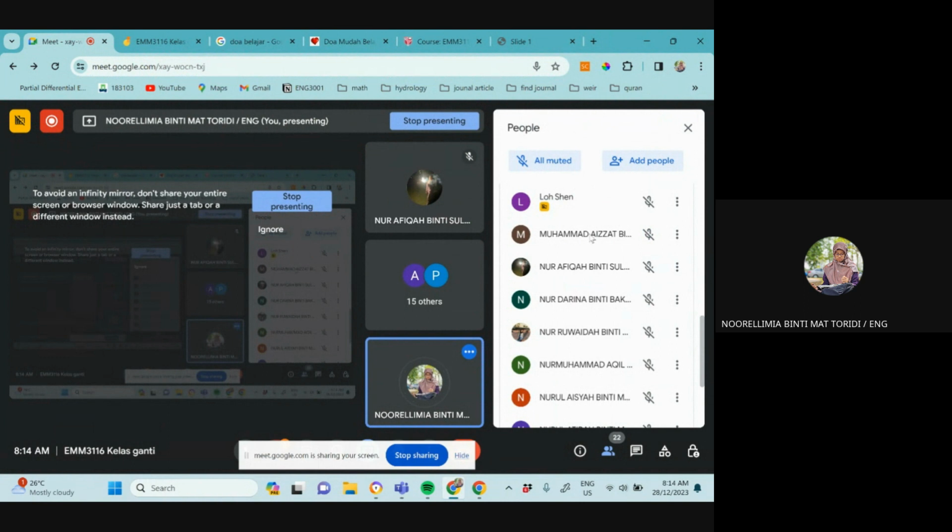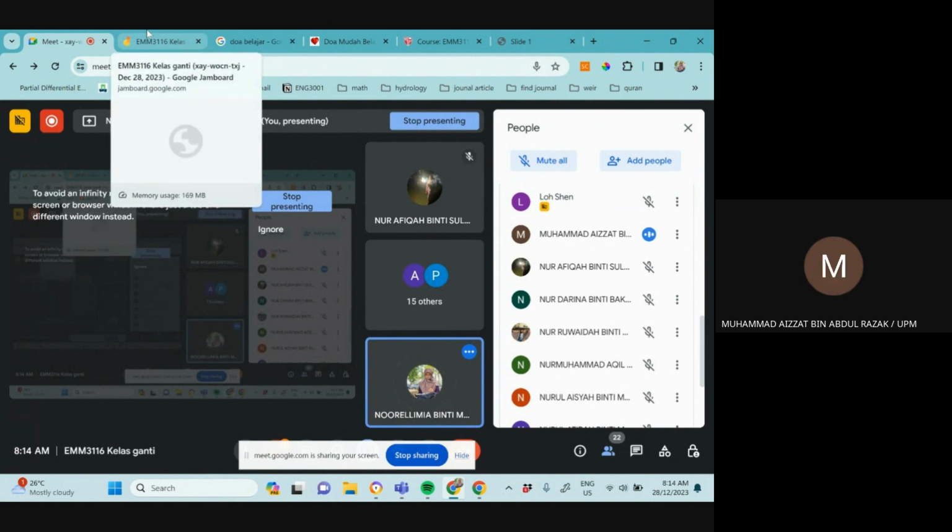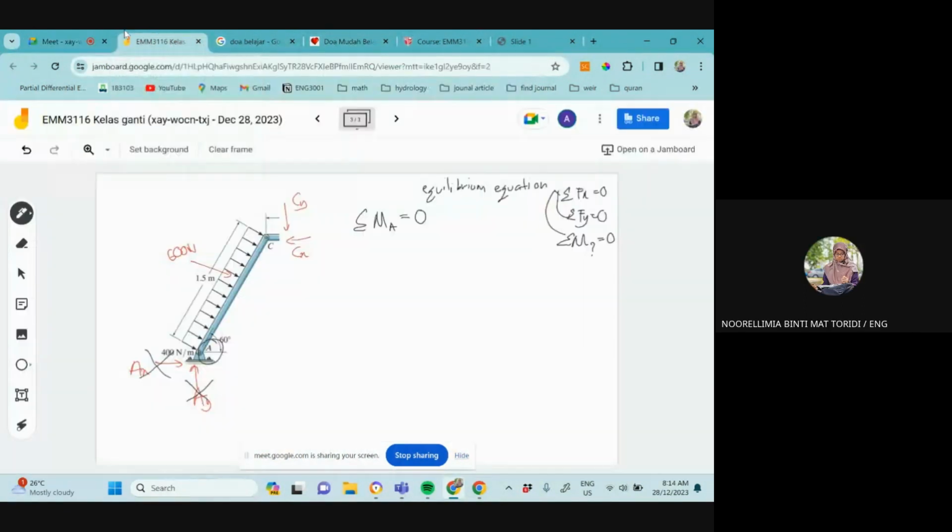Muhammad Aizat, are you there? Yes, doctor. Okay, Aizat, you can see this diagram. Does the 600 Newton have a 90-degree distance from the point itself to point A?